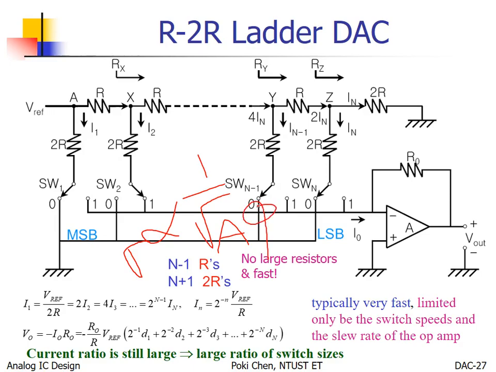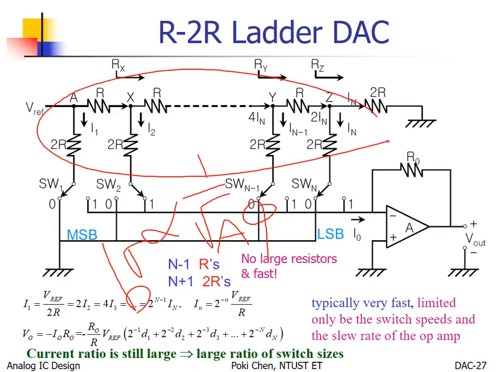The more area, the less variation after fabrication. But right now, all of you have the same area, so even MSB gets the same variation as LSB. It doesn't make any sense because MSB is much more important than LSB.